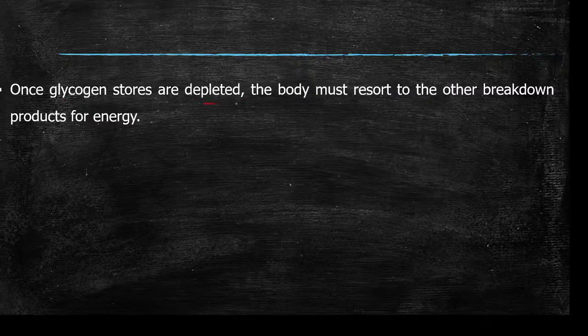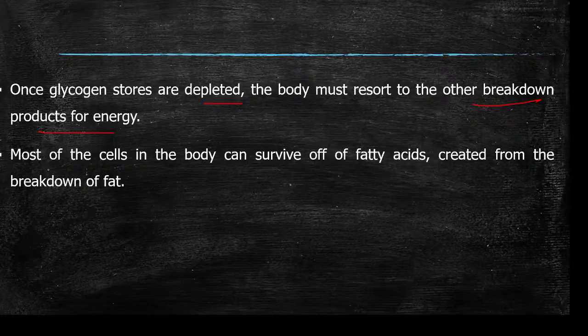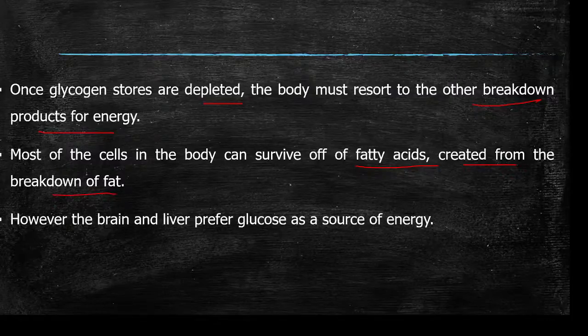Once glycogen stores are depleted, the body has to depend on the breakdown of other molecules like proteins and fats for production of energy. Most of the cells in the body can survive on fatty acids, which are created from the breakdown of fat.